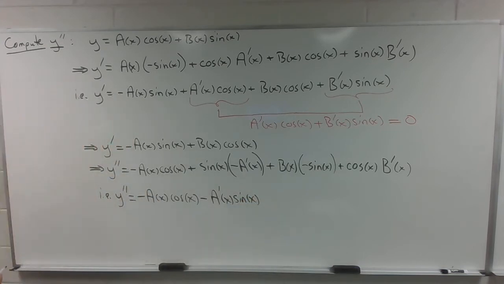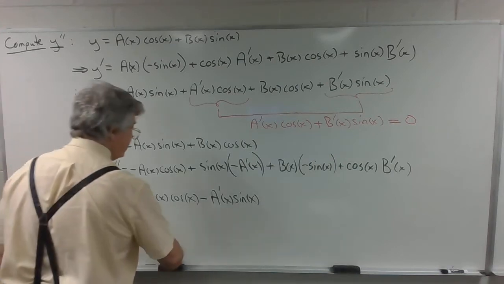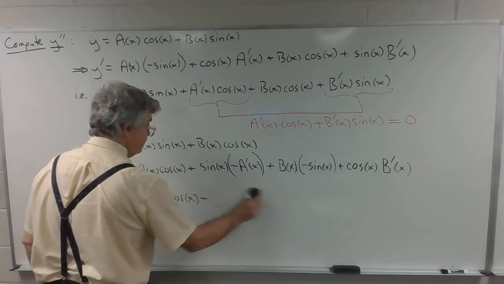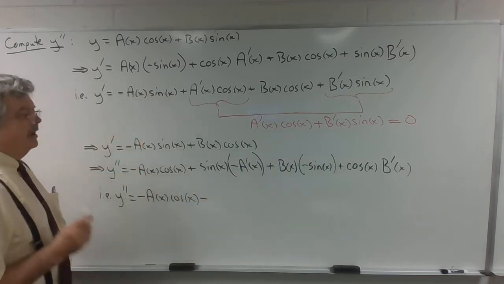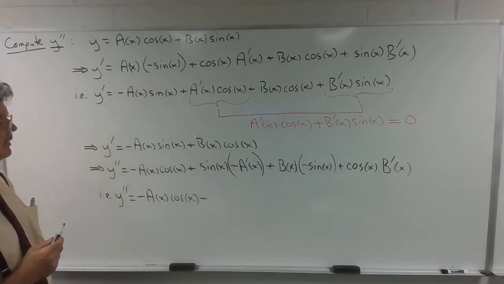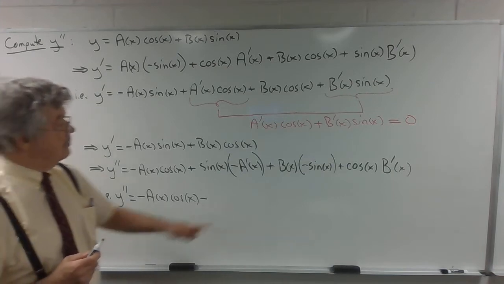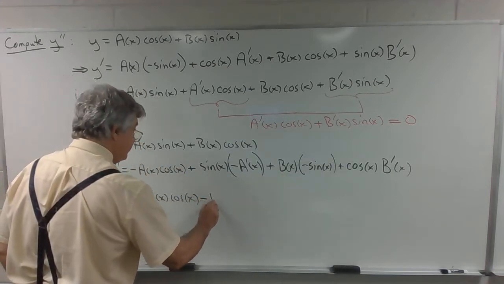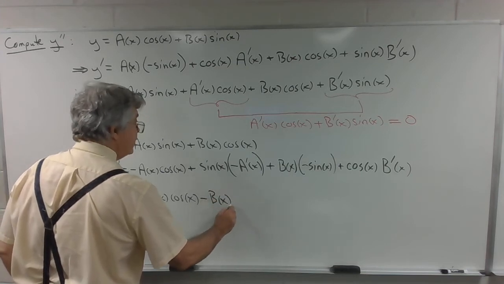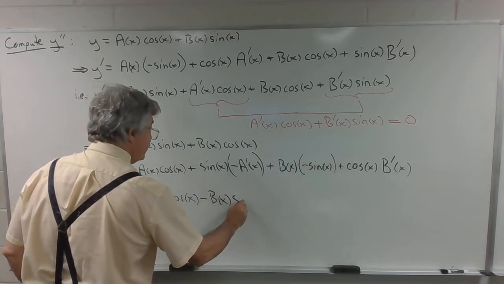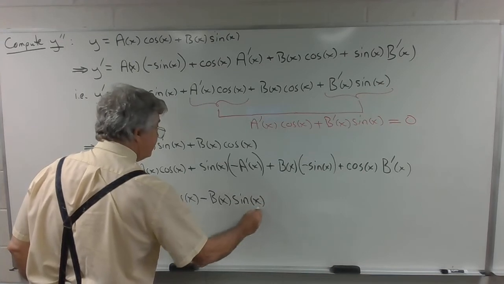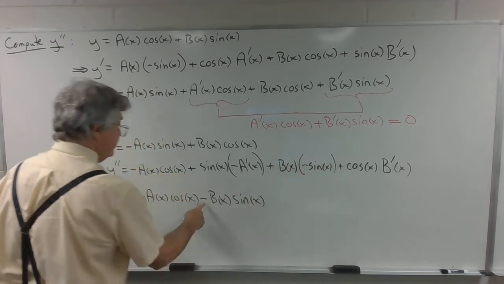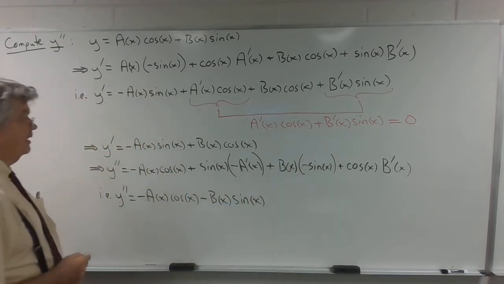But you know what? Maybe I'll put my derivatives at the very rear. I have an ulterior motive for doing that. I'll move this term up here. So b of x sine of x, and this negative sign is that negative sign.